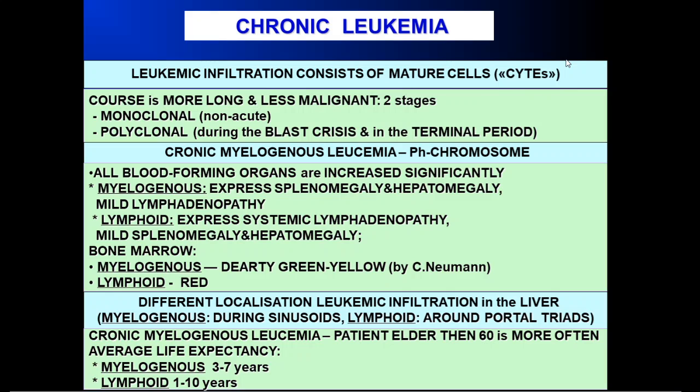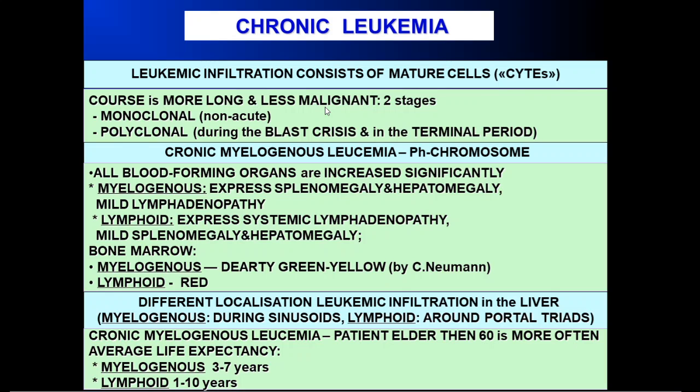We can't say chronic lymphoblastic. This is a mistake, so please do not be misled. If we are talking about chronic, we are always talking about cytes. So, the course is longer and less malignant. What does it mean, less malignant? Chronic leukemia is also a malignant tumor, as is acute leukemia.